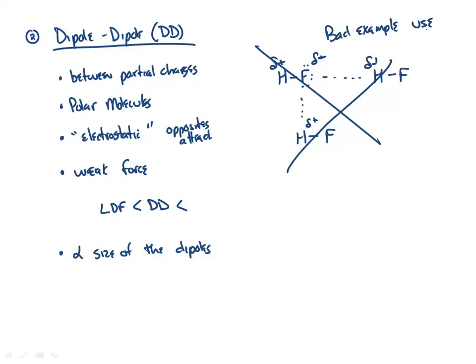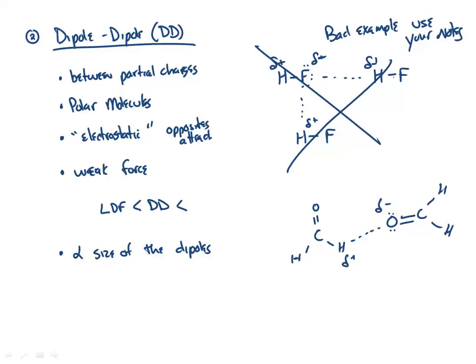Use your notes. They're there for a reason. So an example of one that would work like that is if I have some molecule like this. See, this is why I should have drawn it. So that hydrogen is attracted to the oxygen of another molecule because this is partially negative and that's partially positive. But it's not a hydrogen bond.